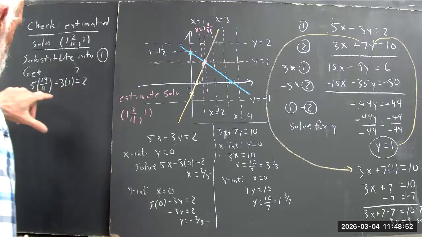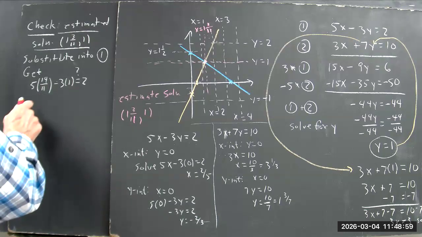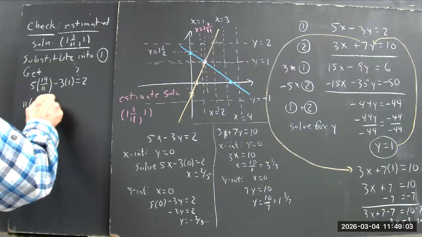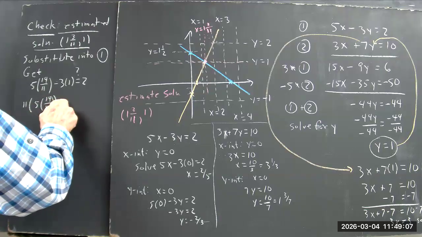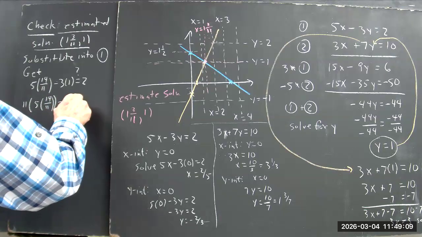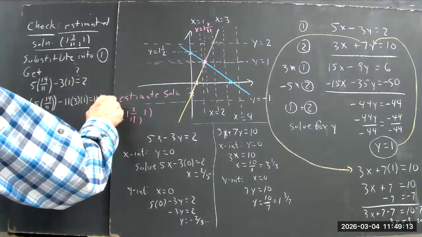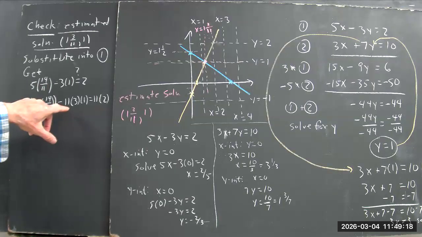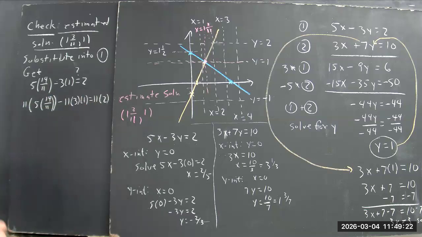Well, we really don't want to deal with denominators, so I multiply both sides by 11. And I get 11 times 5 times 14/11 minus 11 times 3 times 1 equals 11 times 2.